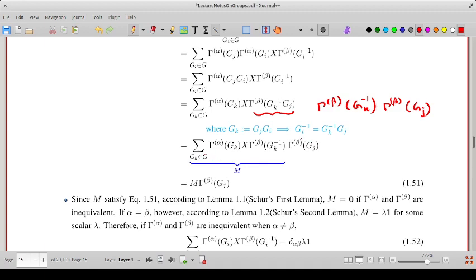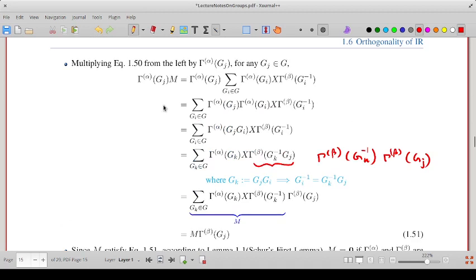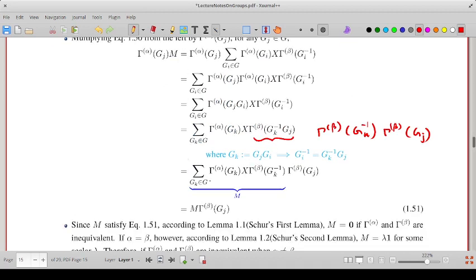So we will end up with this equation. That means gamma alpha Gj M is equal to the summation over Gk, gamma alpha Gk X, then this is written as this, and therefore we will have gamma beta Gk inverse times gamma beta Gj.